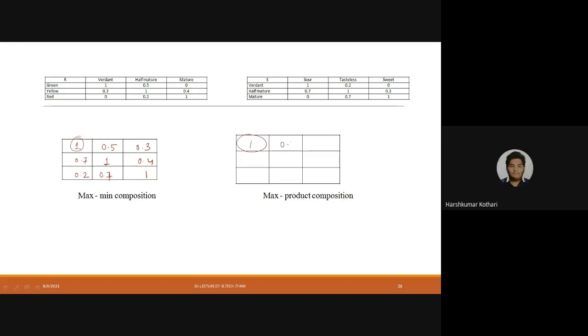Yes, ma'am, it's 1, 0.5, 0.15. 0.7, 1, 0.3. 0.4, Harsh, second. Next, 0.14, 0.7, 1. Yes, for the next cell. Okay. So this is about the composition operation.